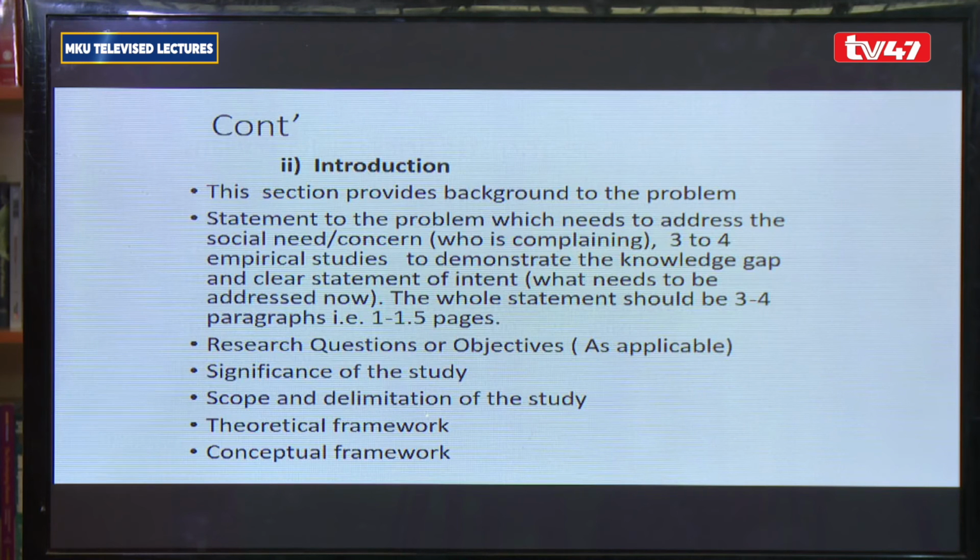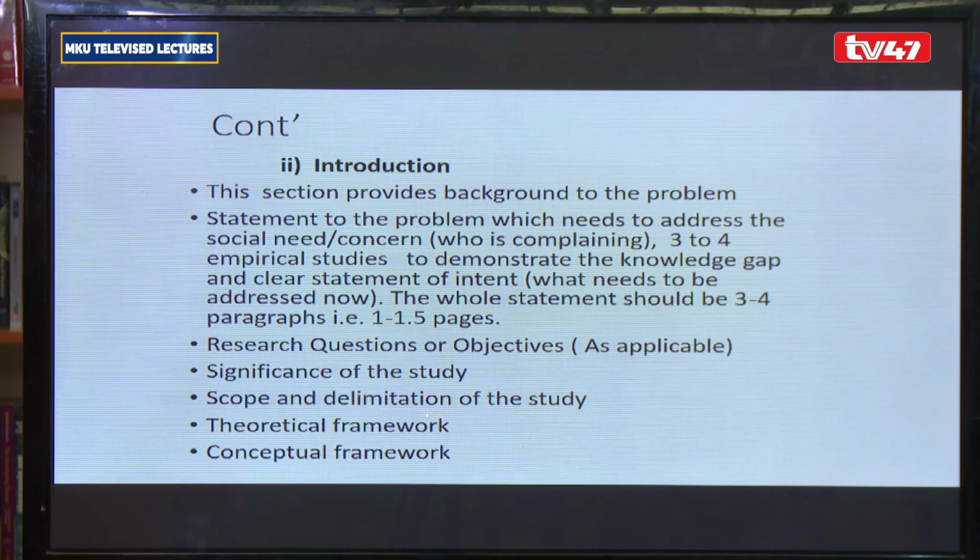The introduction, that is section number 2, is the one that gives the background of the problem. Remember we talked about the history. Where did this problem begin? How has it progressed? And where are we at this particular point in time? This section gives us that information. It gives us the statement of the problem: what is it that we need to address?